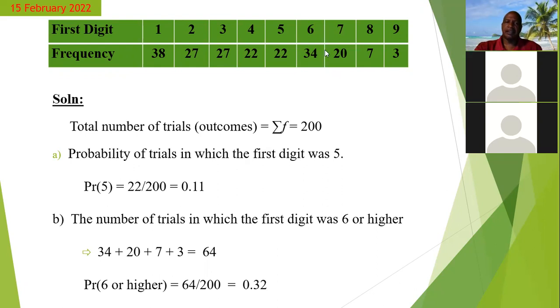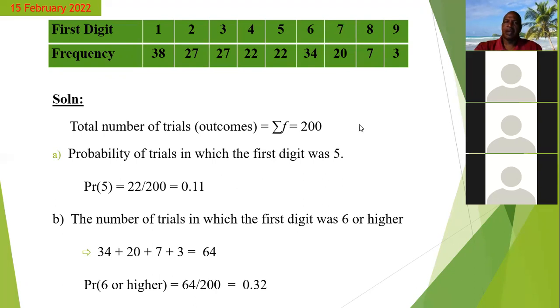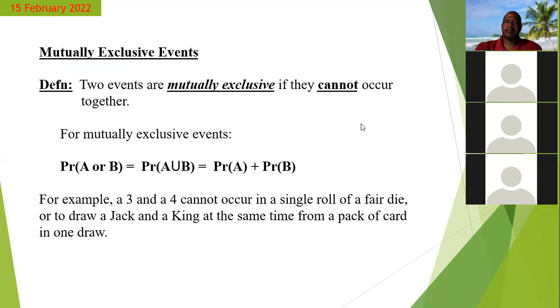Is that clear, guys? Yes, sir. Okay, good. All right, moving along. Now, in probability, we have what we call mutually exclusive events.